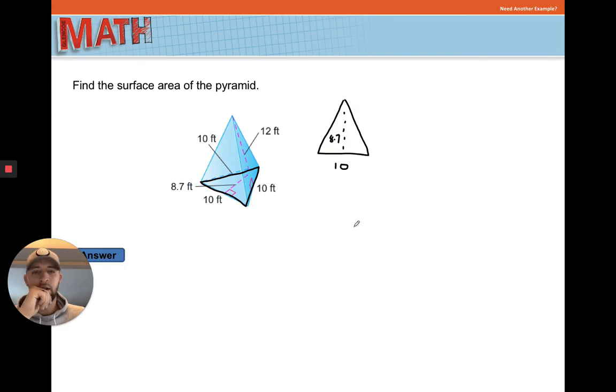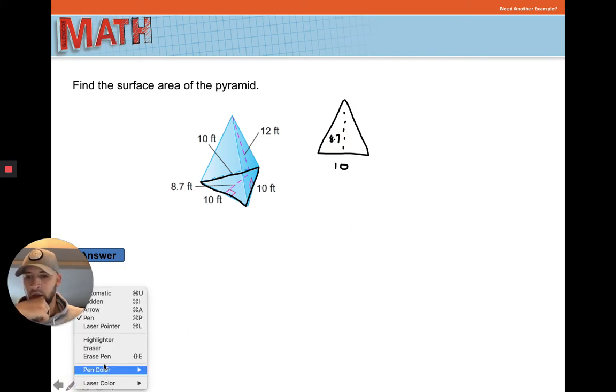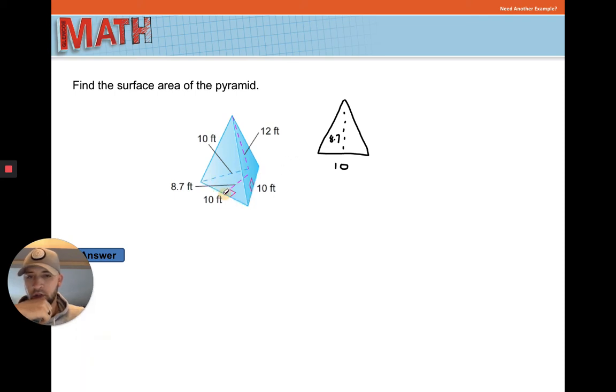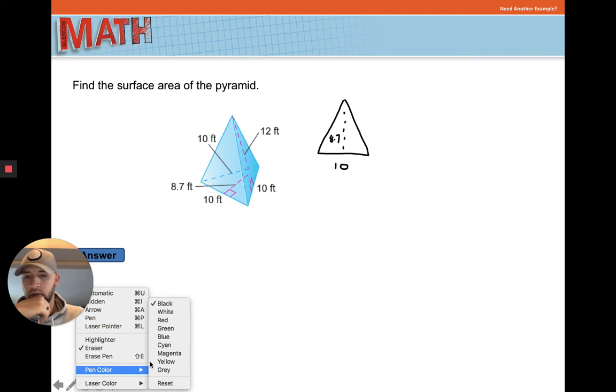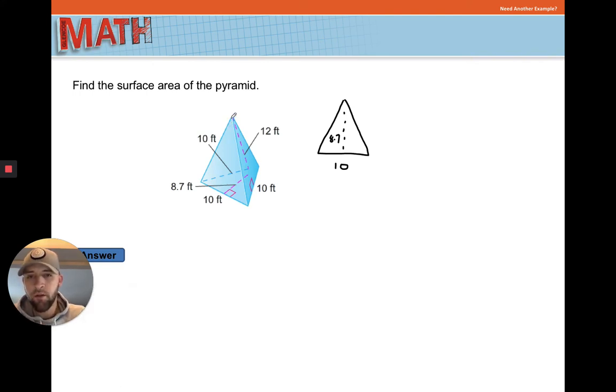Now let's go ahead and I'll use a different color, and I'll erase this one first so you can see here. We use a different color and pull out the lateral faces. Let's use blue. This is probably going to be the easiest one to see here on the right side. So now I have 3 lateral faces. They look like this.